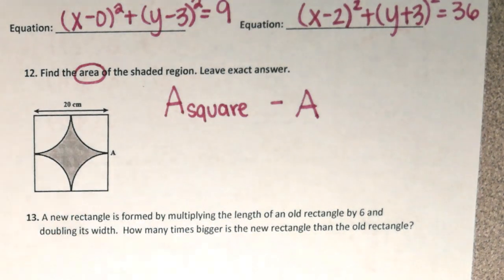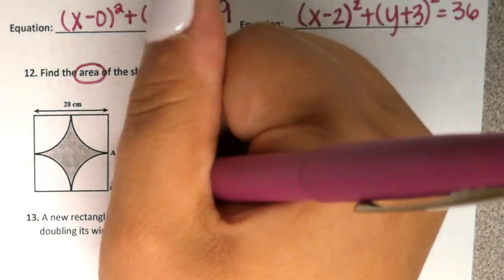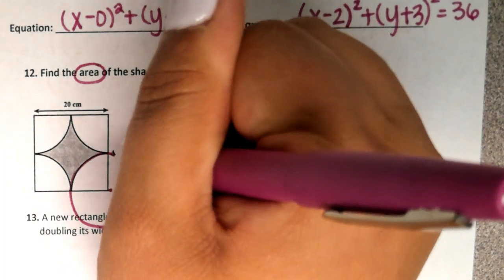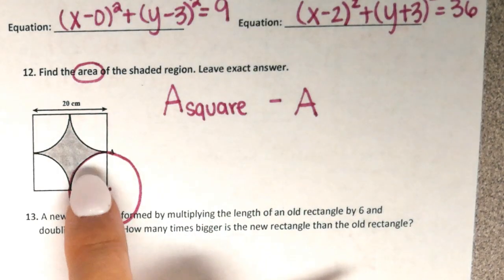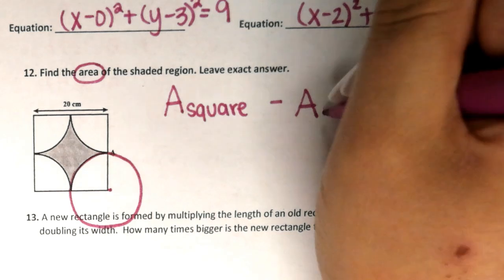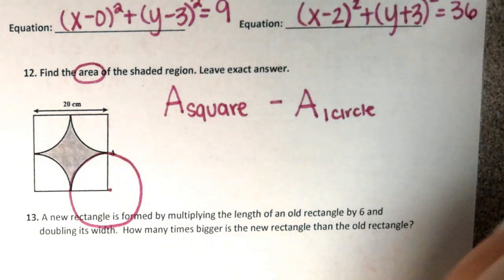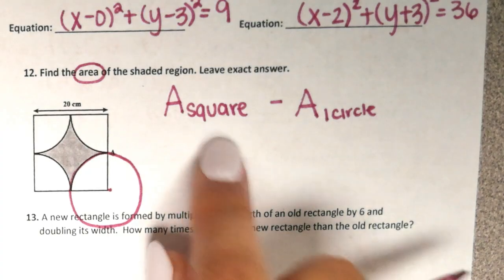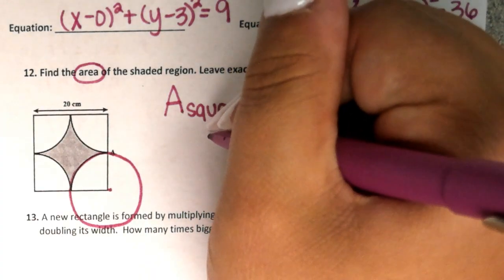It's like 4 parts of one circle. Do y'all agree? If I were to make this an entire circle, do y'all agree that's just 1/4 of the circle? And since I have 4 of them, don't you agree it makes one circle? That's a little weird.